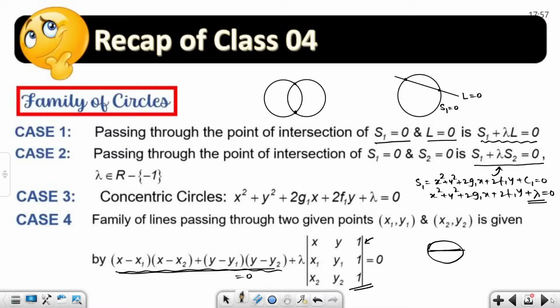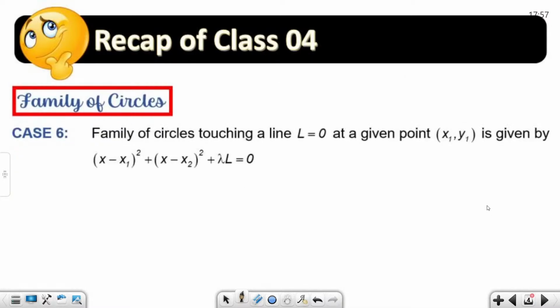Okay, and the last thing that we have done, that when you have to find out the family of circles which is tangent to this line L equals to 0 at the point x1, y1. So the family of all the circles where L equals to 0 is the tangent to all those circles at the point x1, y1 is given by this one. How we have done?